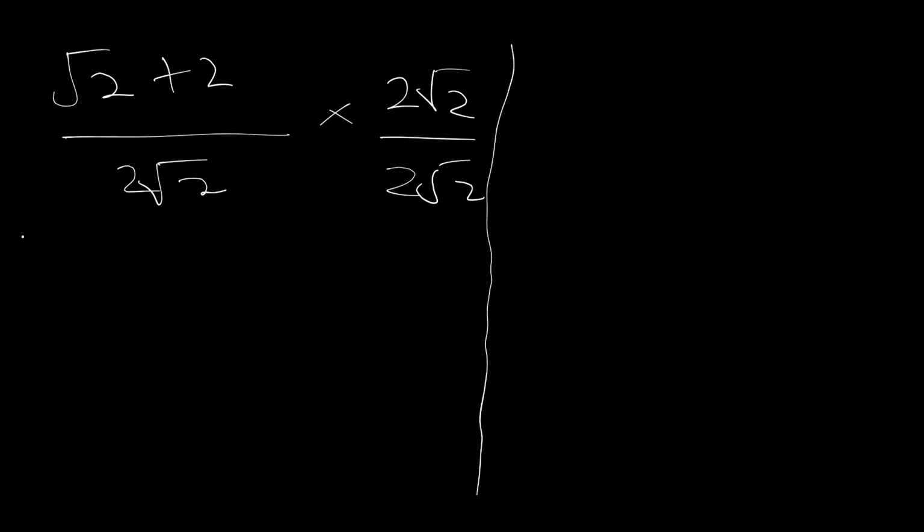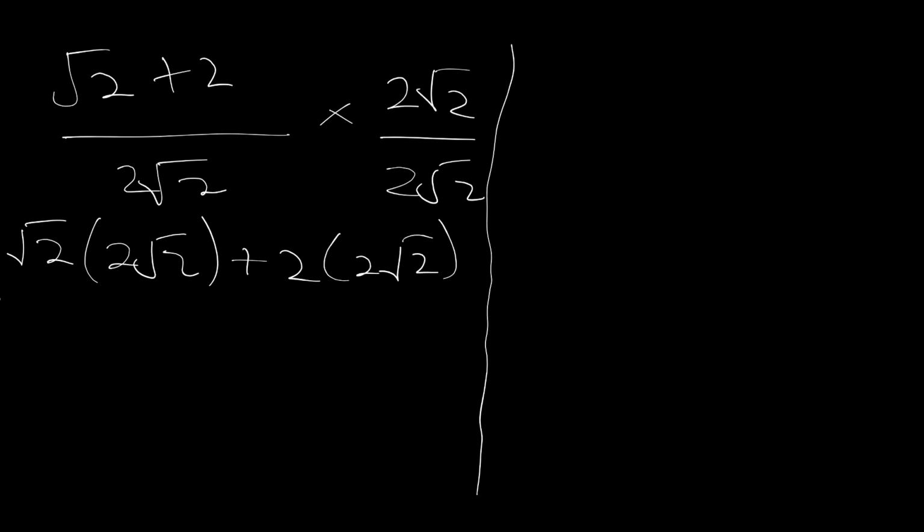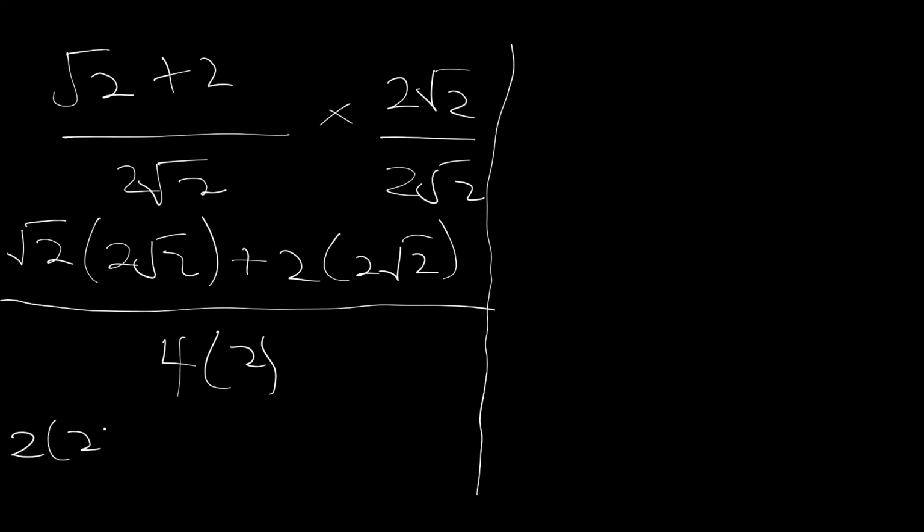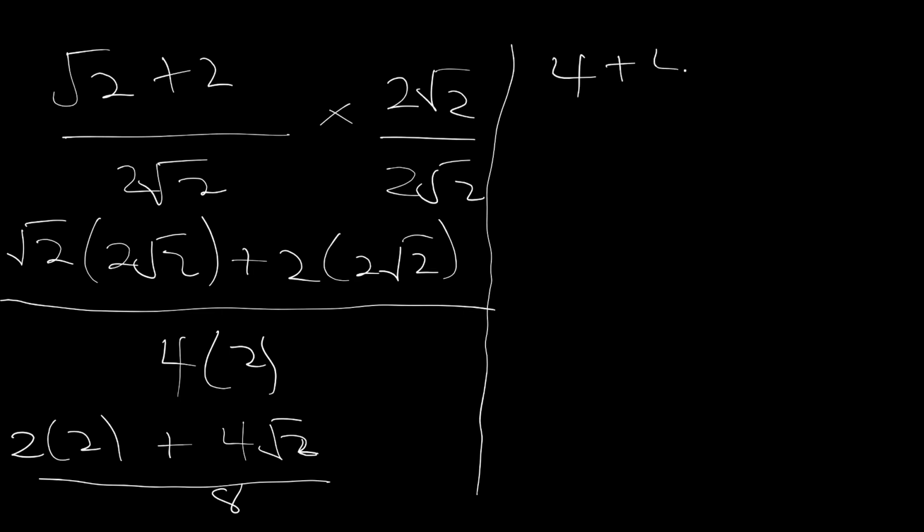So 2 times 2 root 2 plus 2 times 2 root 2 all over 2 times 2 is 4, and root 2 times root 2 is 2. So we have 2 times 2 plus 4 root 2 all over 8. This gives us 4 plus 4 root 2 all over 8.